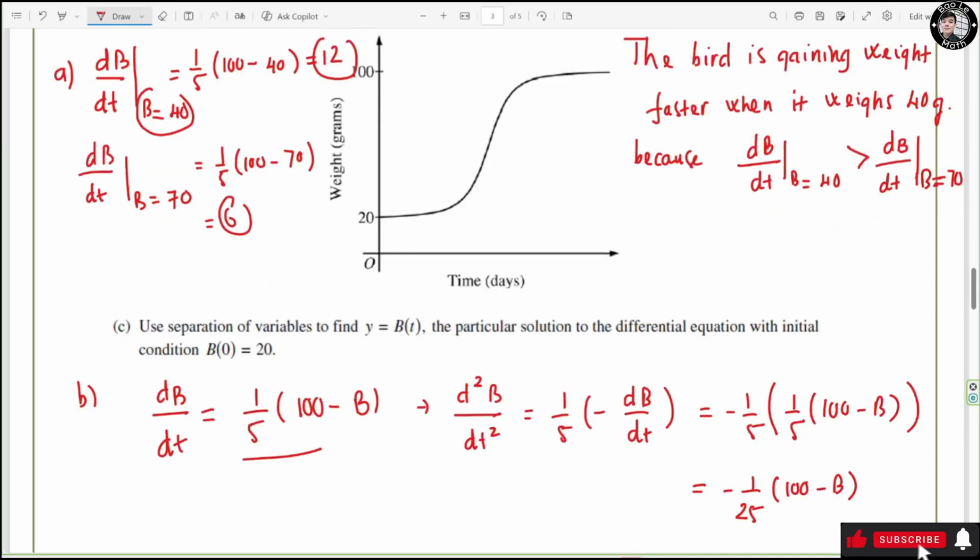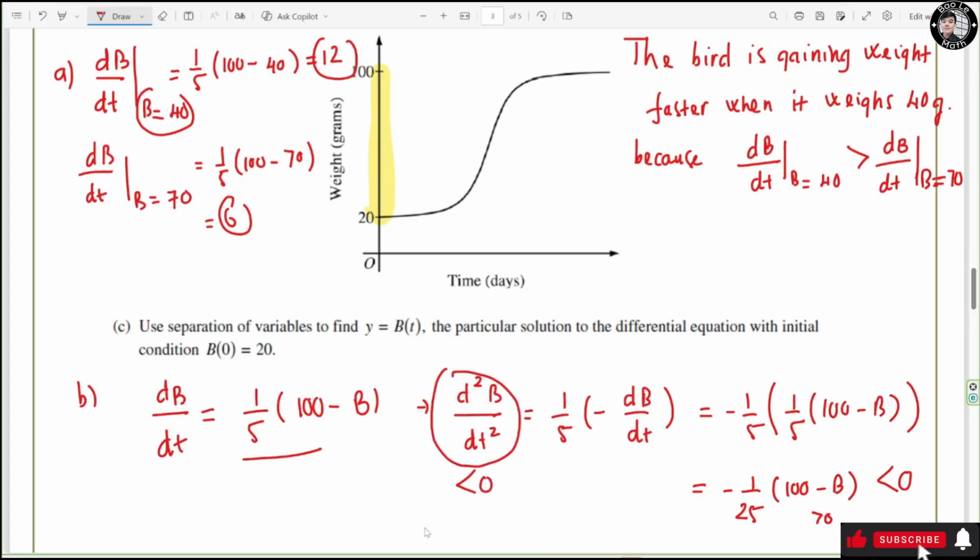We're going to look at the graph right here. We see that B is always between 20 and 100, so it tells us that 100 minus B must be positive. And then a positive number multiplied by negative 1 over 25, which is negative, gives that the second derivative right here is negative.